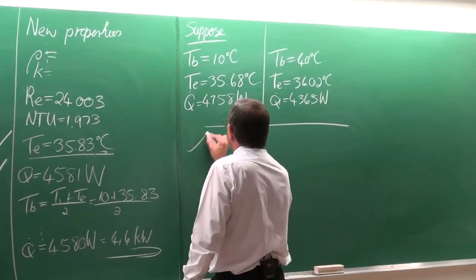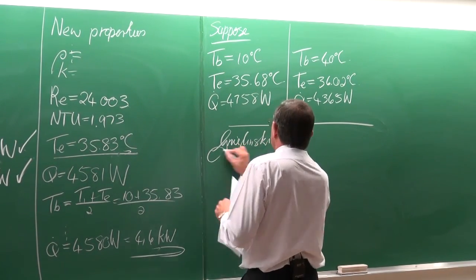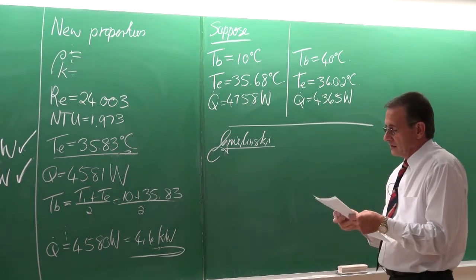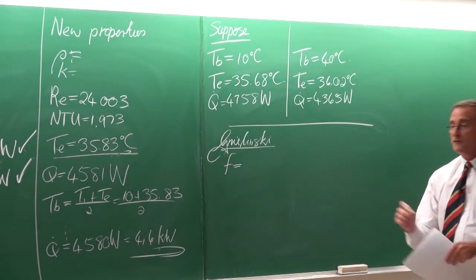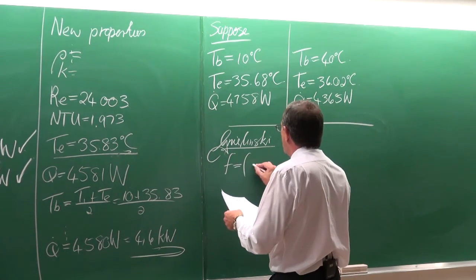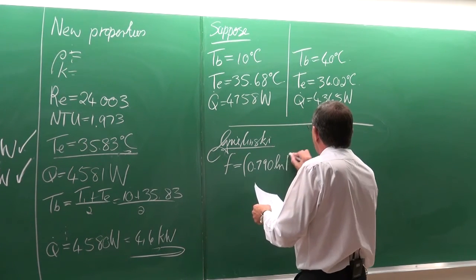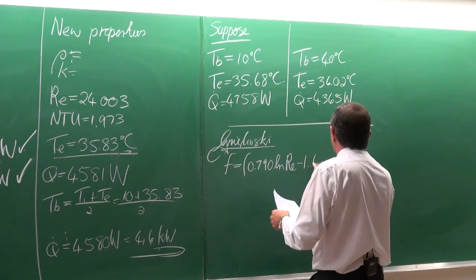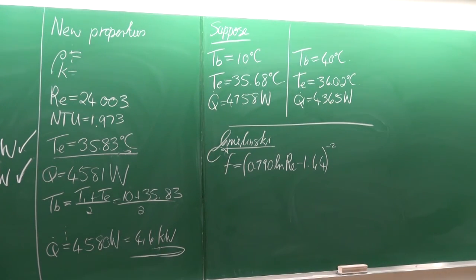If the heat transfer coefficient was calculated according to Gnielinski, then we first need to get the friction factor. The friction factor is from that Petukhov equation: 0.79 ln of the Reynolds number minus 1.64, to the minus 2. Remember that?